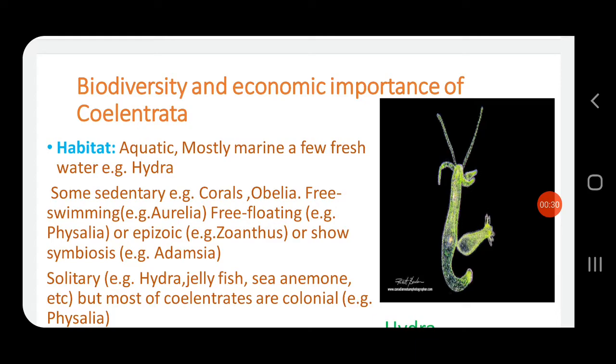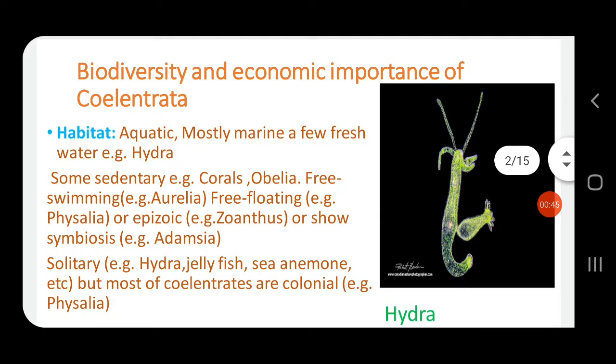This group mainly belongs to the aquatic habitat, and mostly these organisms are marine, while some species like the hydra are also present in freshwater. Most of the forms in this group are polymorphic.